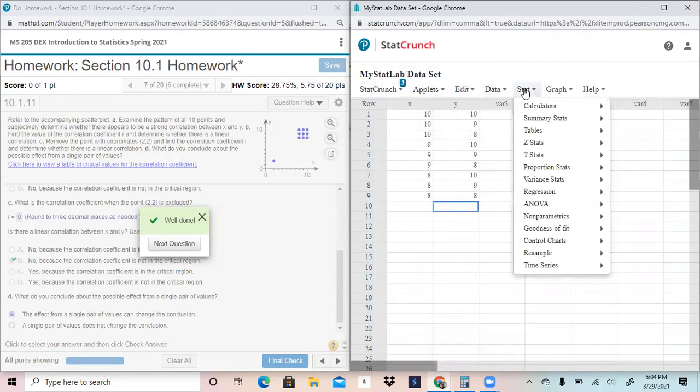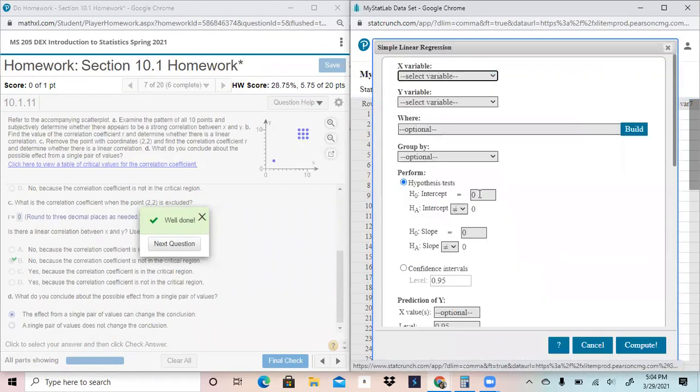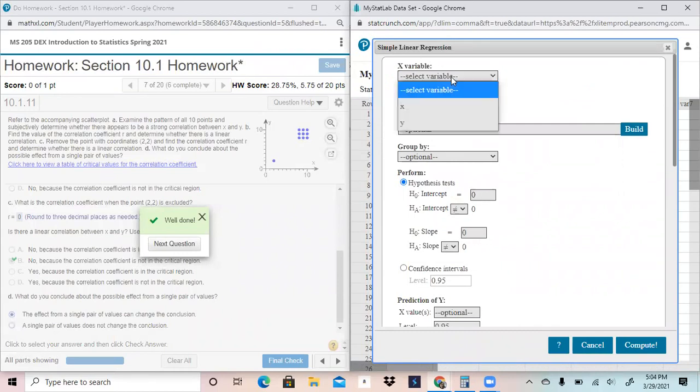Or you might be using Stat, Regression, Simple Linear. Again, you highlight the columns. This is where you can also enter a hypothesis test. This hypothesis test is based on the intercept being 0 and the slope being 0. Or you can do a confidence interval here.